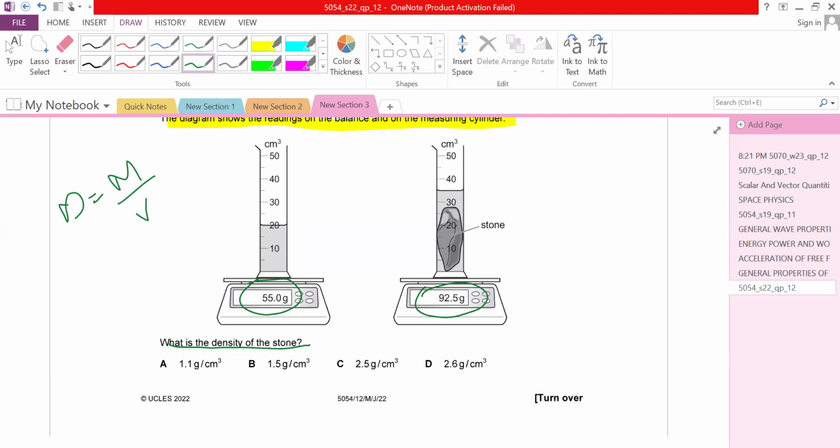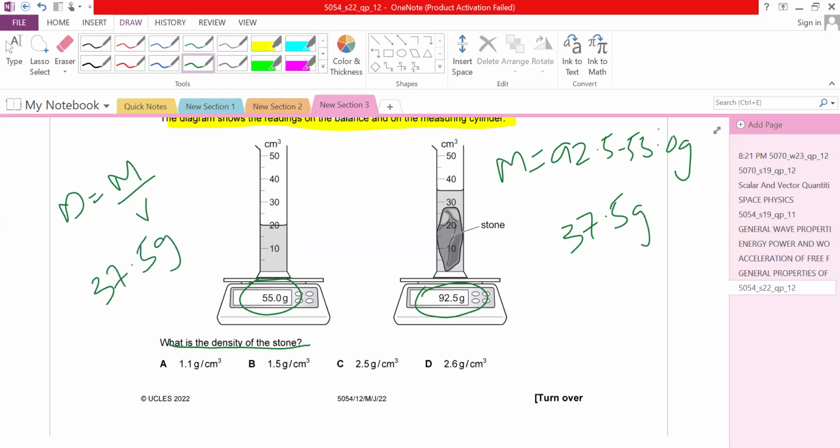To calculate the mass, mass equals 92.5 minus 55.0 grams, which is 37.5 grams, divided by the volume. This is the final volume and this is the initial volume.